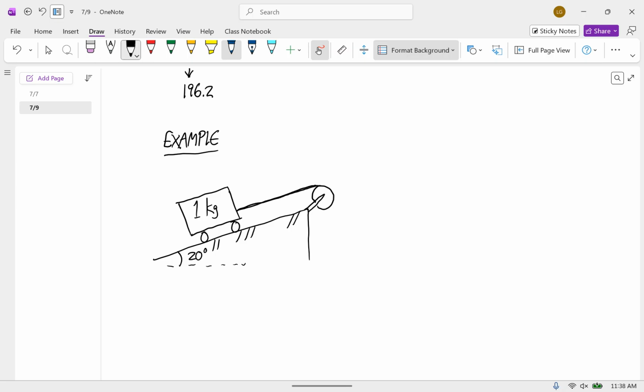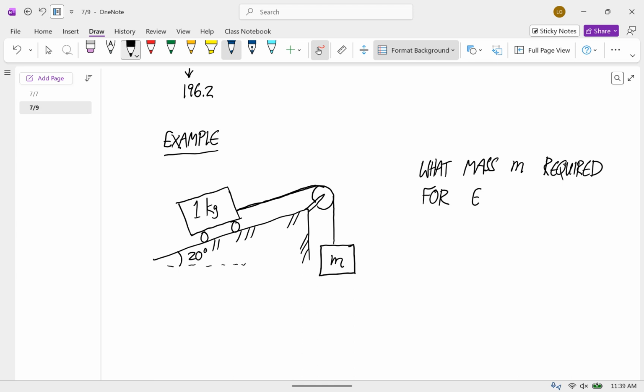And a cable attaches to the cart here and attaches to an unknown mass m here. What mass m is required for equilibrium?